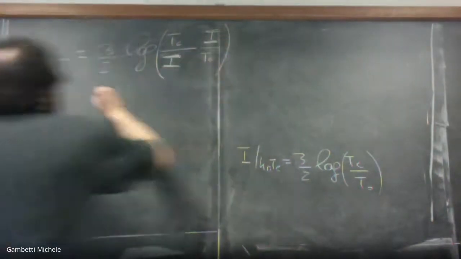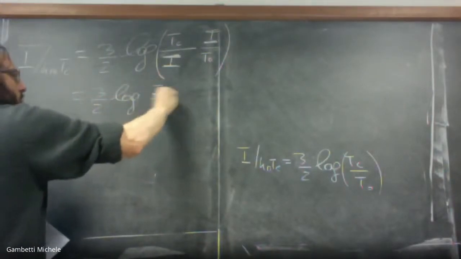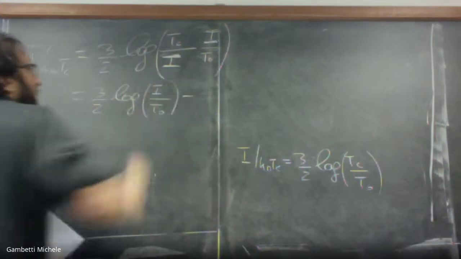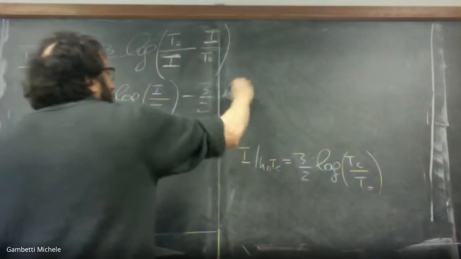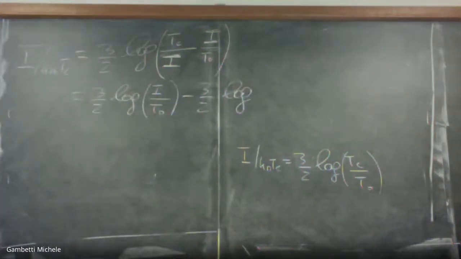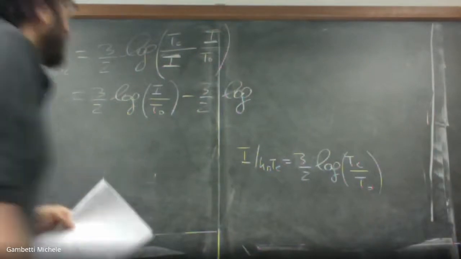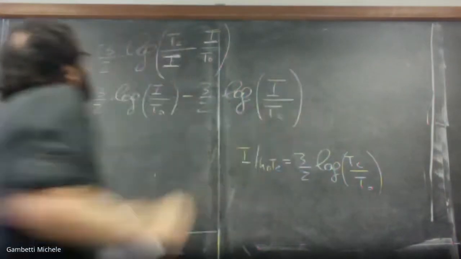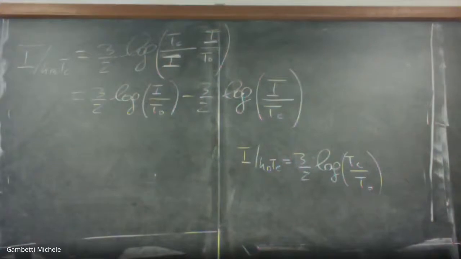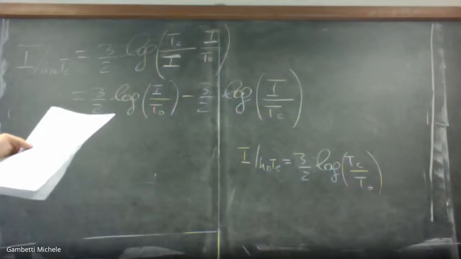Then this is equal to 3/2 the log of the ionization energy divided by T0 minus 3/2 the log of, again, the ionization energy divided by Tc. Let me see why I'm doing that.